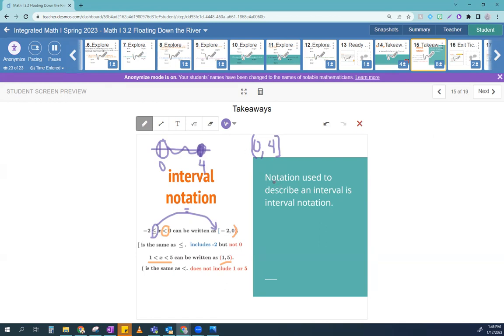This is something that you will see on your next quiz. I will ask you to write this kind of notation, it's called interval notation. It makes you write quicker rather than having to write all your values out or using these symbols. So 0 to 4, including 4. How would I write this as a symbol? I would write it like this. Now, do either of these get equal signs?